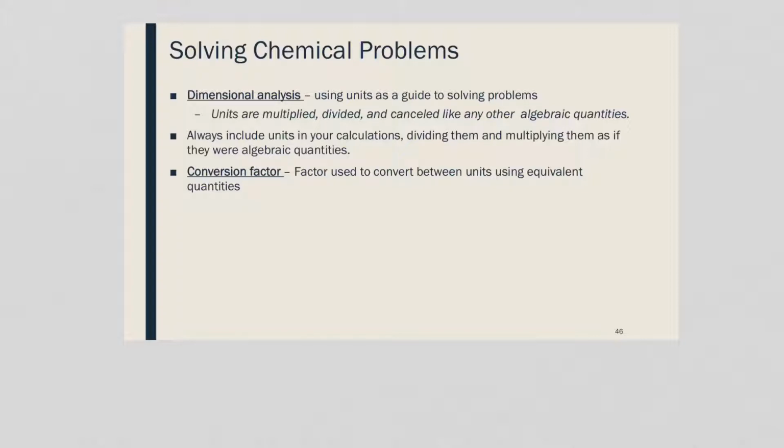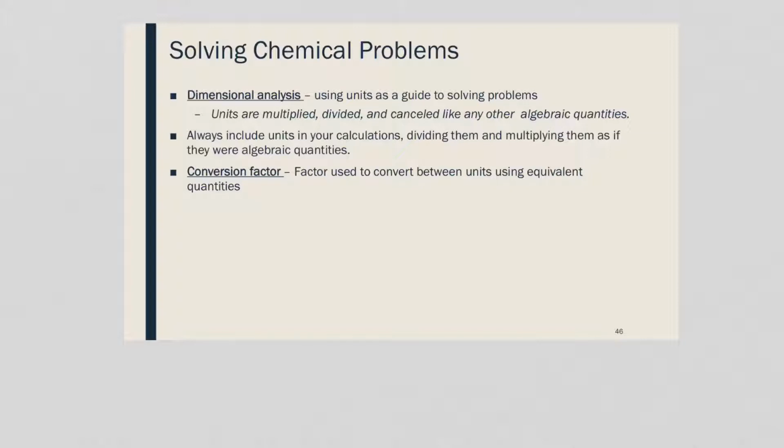our problem solving. Now, the reason this is so useful when we use measurements is that units are treated in large part just like the number is, right? Units can be multiplied by each other, can be divided by each other, and they can be canceled, right? And so we can treat them just like numbers. So we can multiply and divide the numbers, but we also at the same time multiply and divide the units.